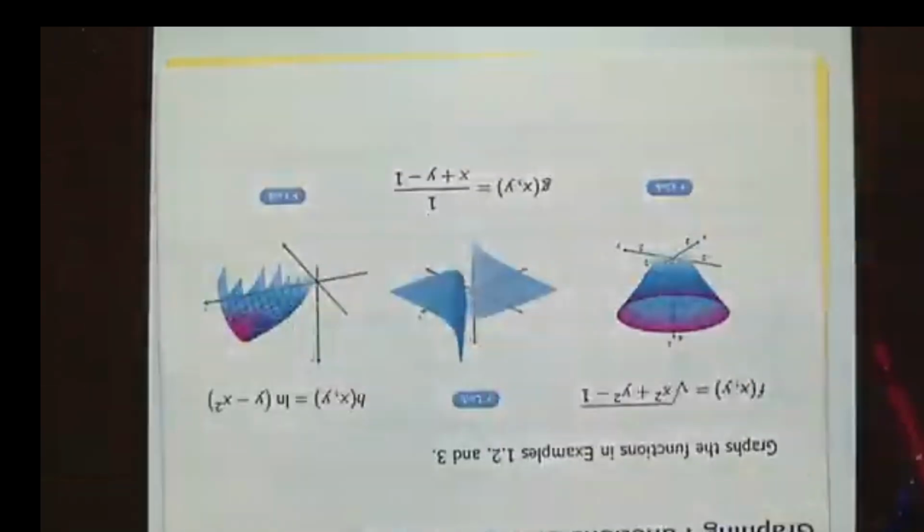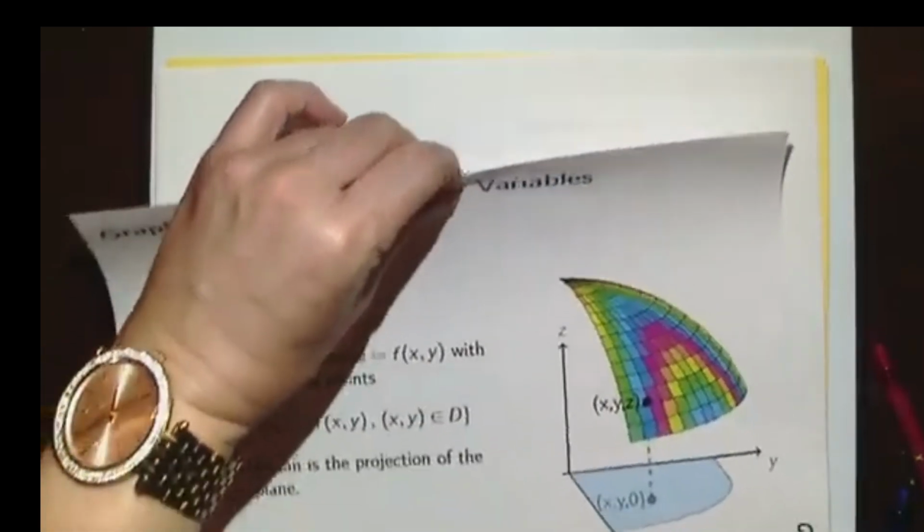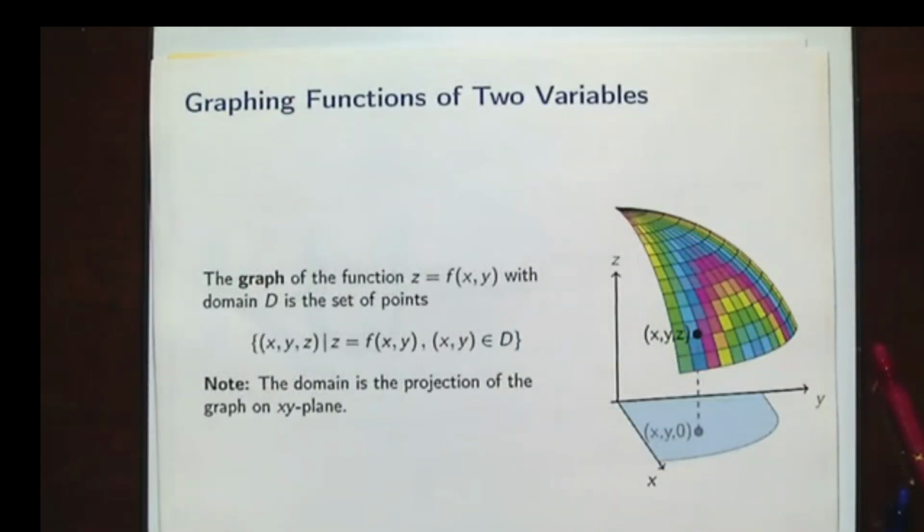So let's go to graph of a function. So what is the graph of a function? Look at this. You have a domain. Look at this floor over here. That's the domain of my function. When you plug in one point in the domain, you get a z-value.